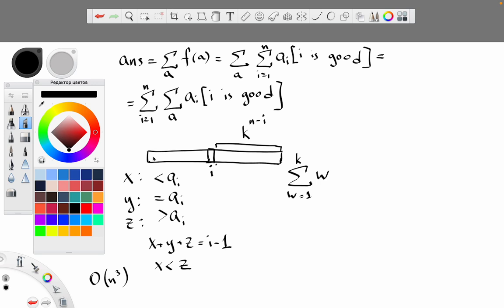We want to choose which positions are smaller, equal, or greater. So that's a multinomial coefficient, (x plus y plus z) factorial divided by x factorial, y factorial, z factorial.